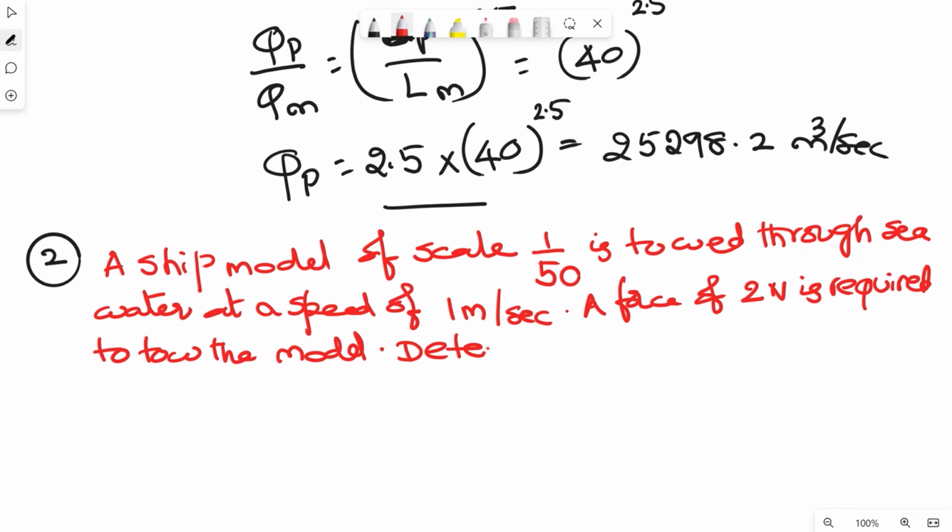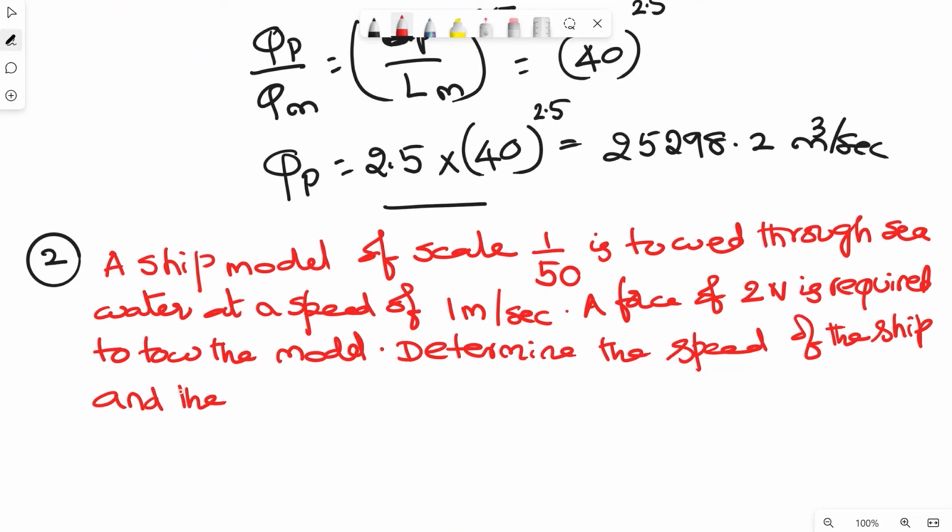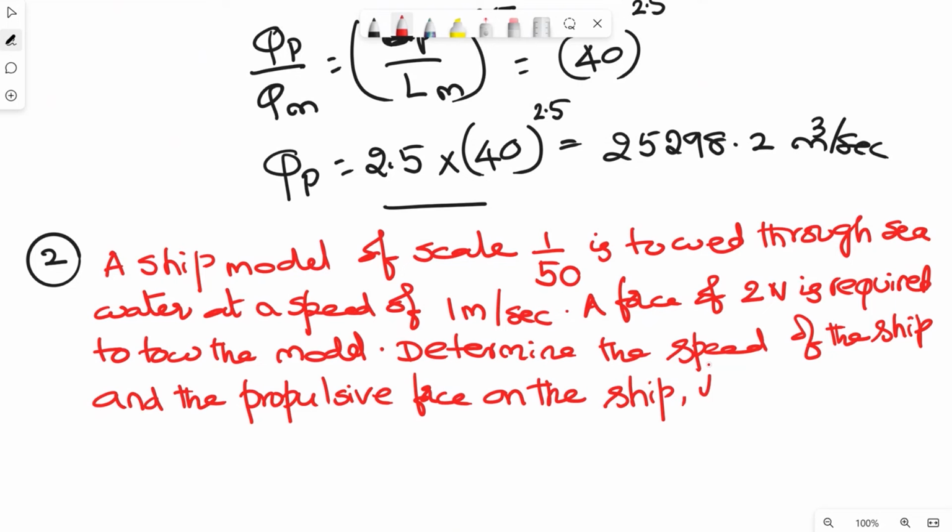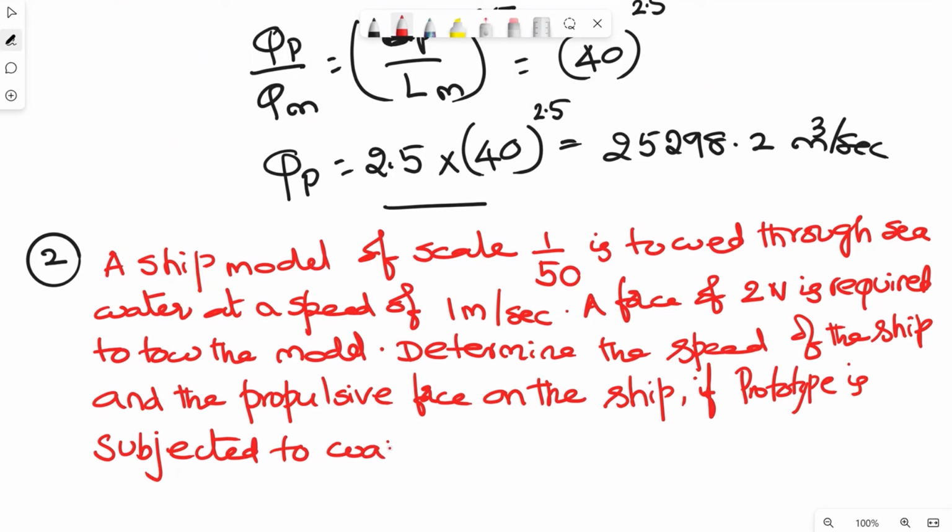Determine the speed of the ship and the propulsive force on the ship, if the prototype is subjected to wave resistance only.